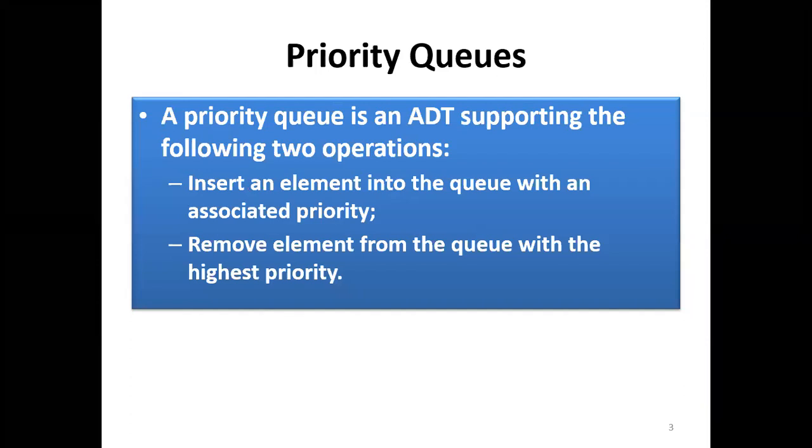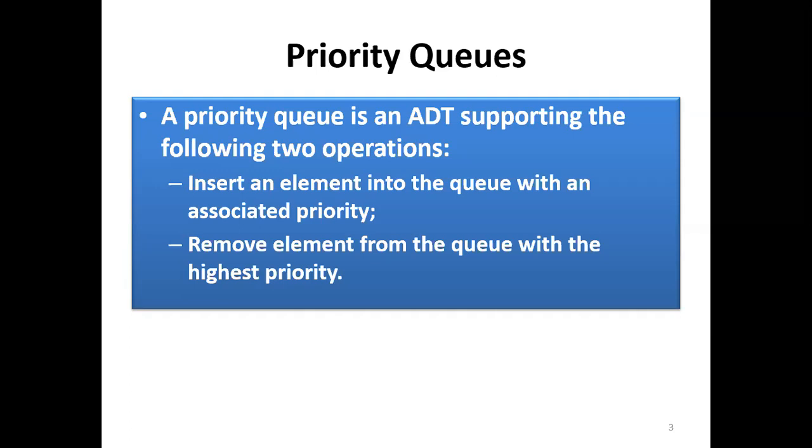Let's start with priority queue. So a priority queue is an abstract data type that supports the following operations. First, if an insertion is to be performed on the queue, each of the elements must be associated with a priority.